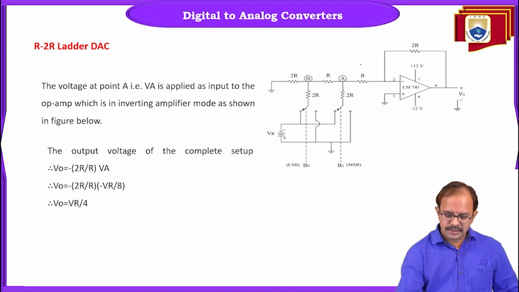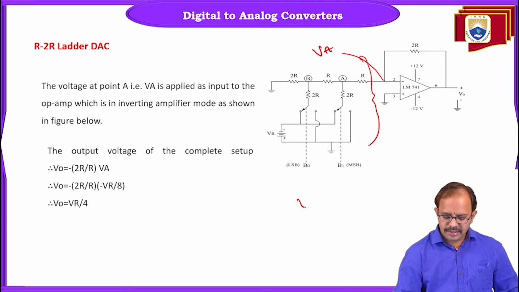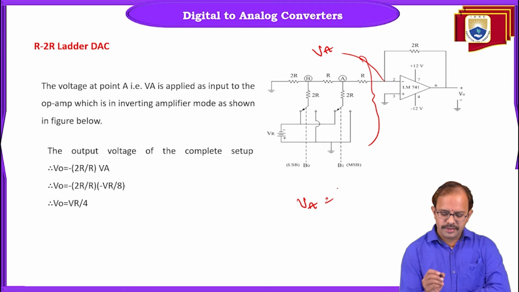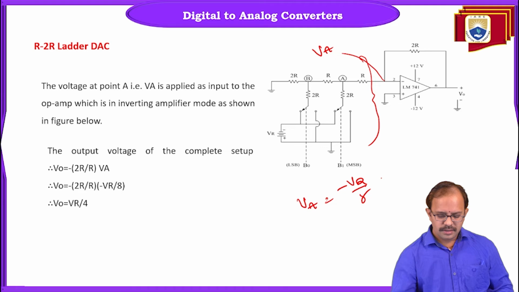So this is the network we have analyzed, and here we have the signal VA, where VA equals minus VR by 8, right?